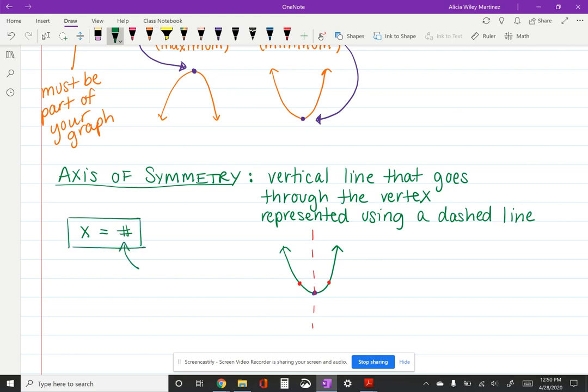This value here, you will see, always ends up being the x value of the vertex.